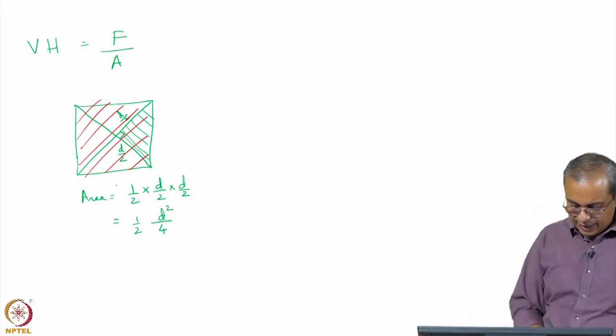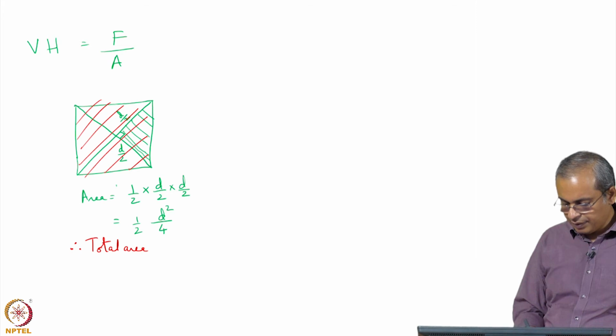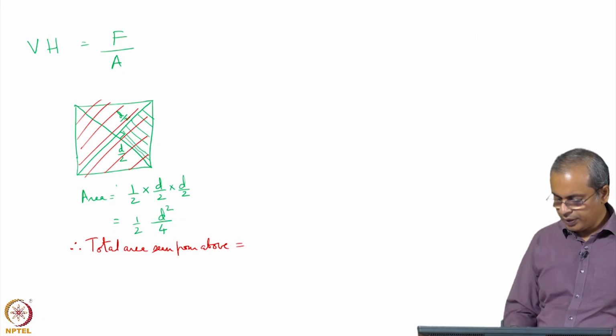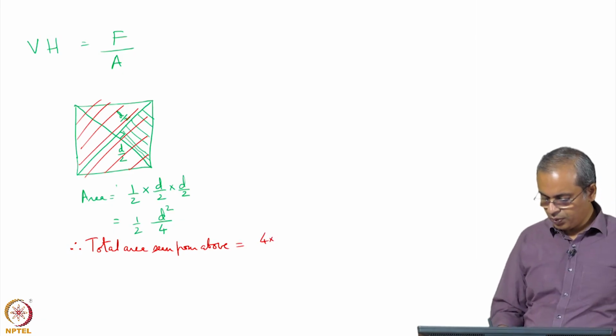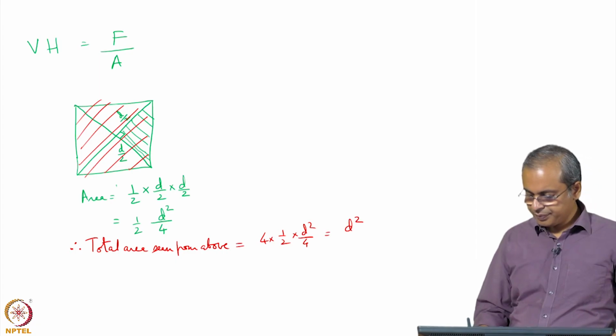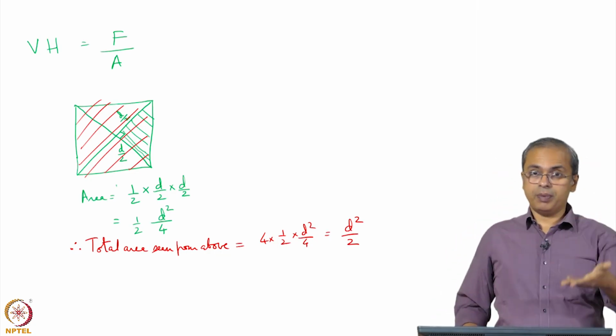So, therefore, total area seen from above equals 4 into half into d square by 4, which is equal to d square by 2. So, that is the total area of this indentation as seen from above.